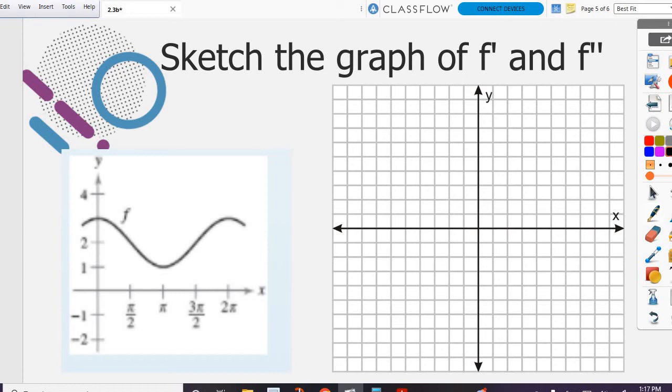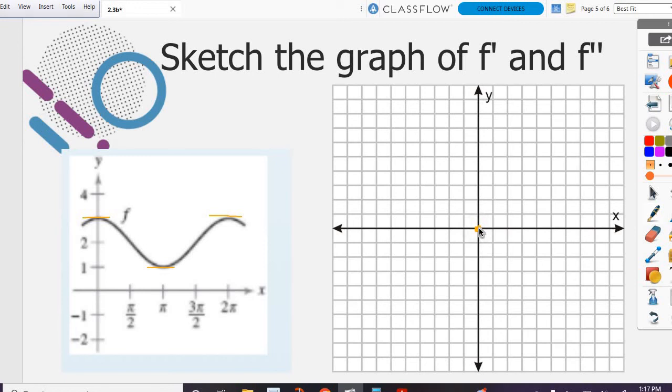Now, the easiest place to start for our tangent lines is anywhere that I have a horizontal tangent. What is my slope of a horizontal tangent? 0. So that means that at 0, I am 0.